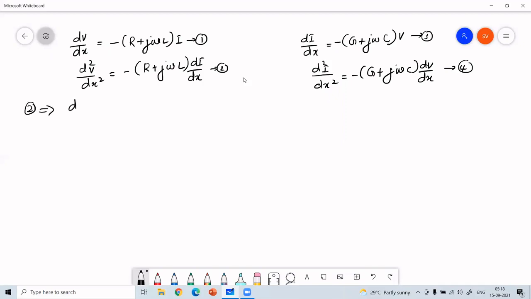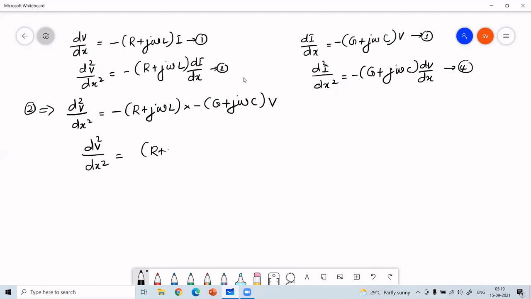That is, d squared V by dx squared is equal to minus (R plus j omega L), and that dI by dx is replaced by minus (G plus j omega C) into V. So d squared V by dx squared is equal to (R plus j omega L) into (G plus j omega C) into V.